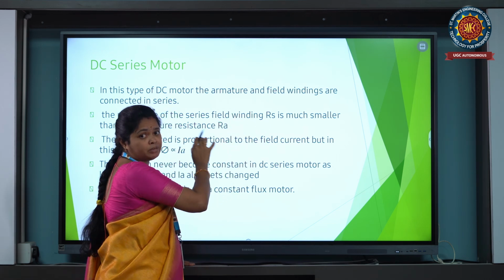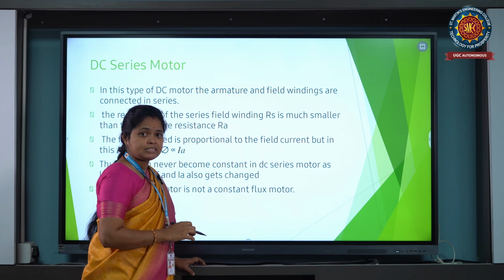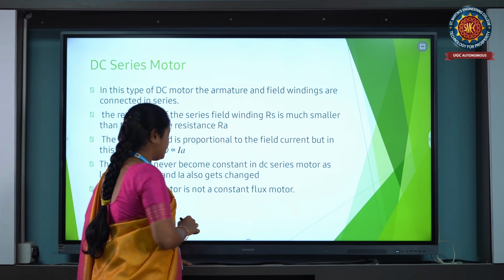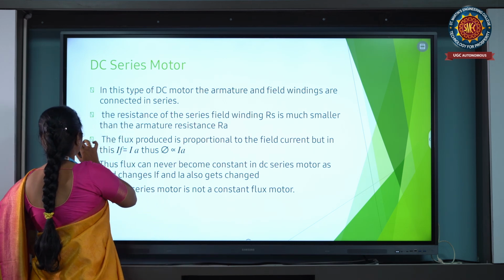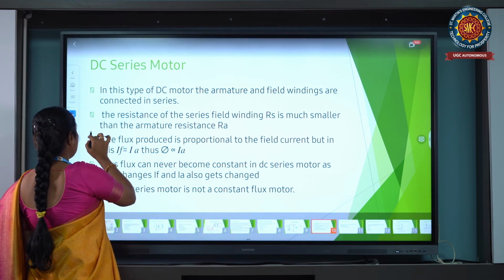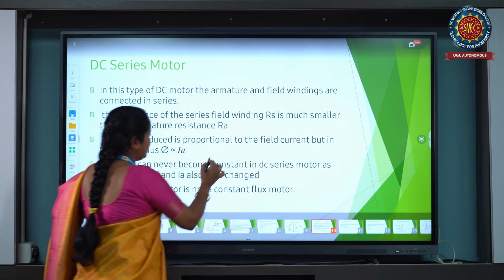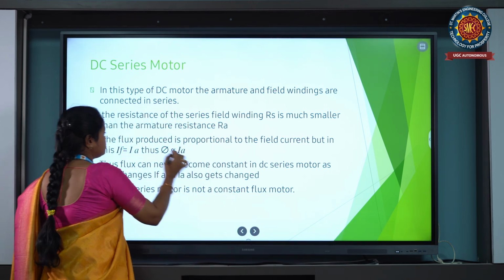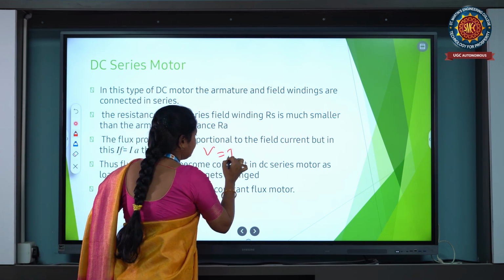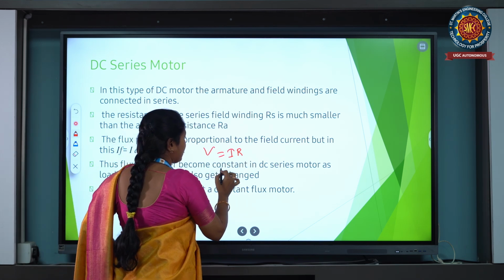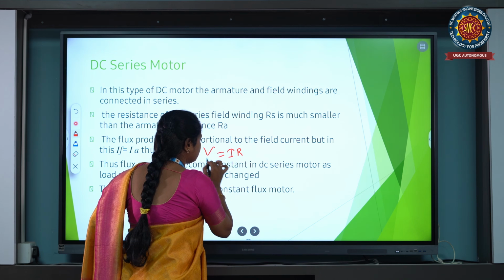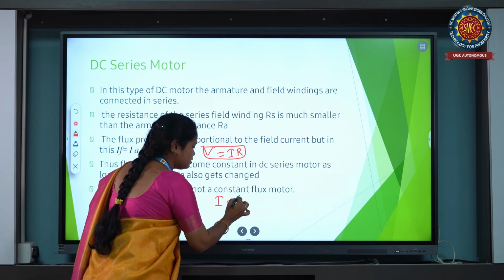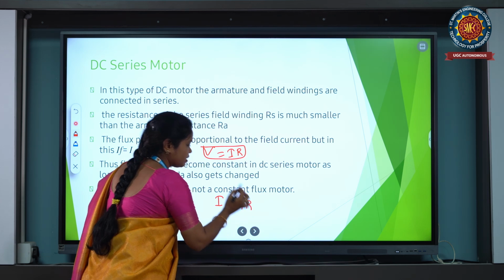When the resistance is low, a high amount of current flows. How? According to Ohm's law, V = I into R, and from this equation I is inversely proportional to R.